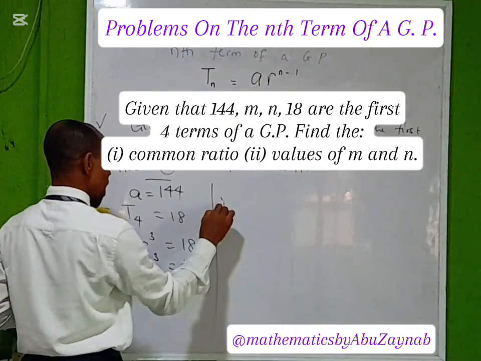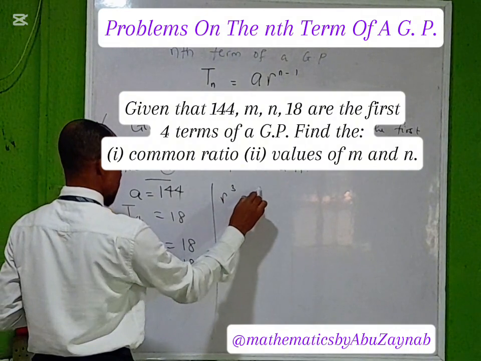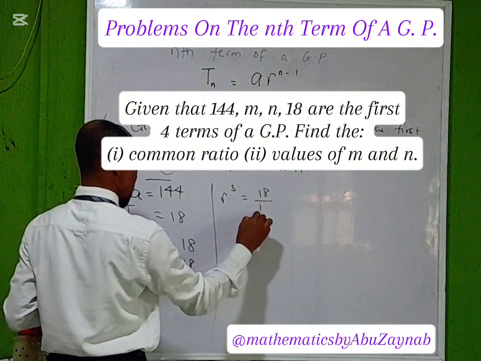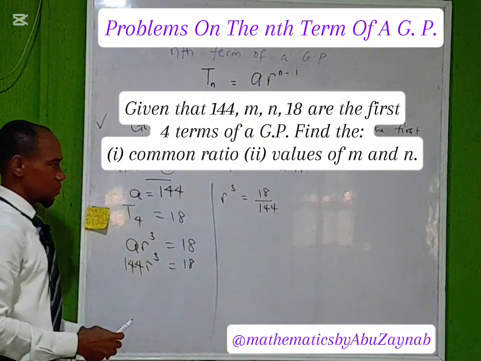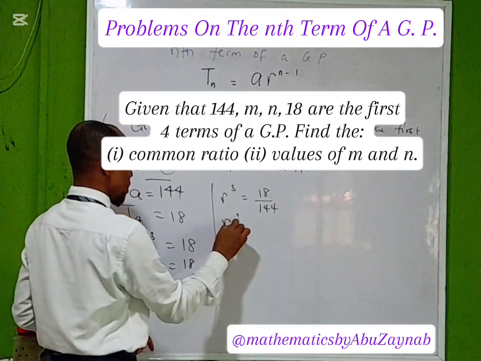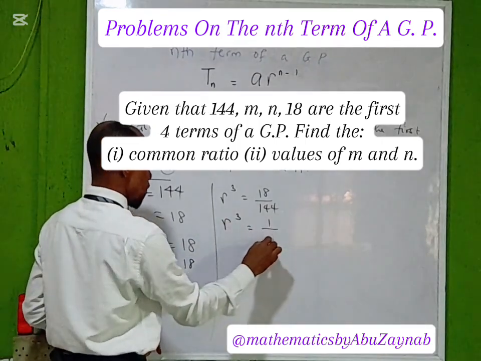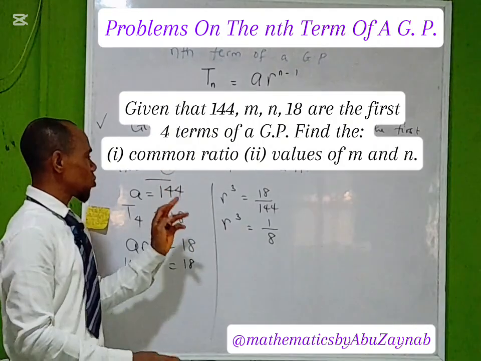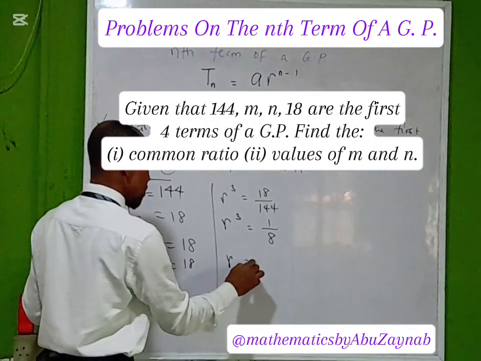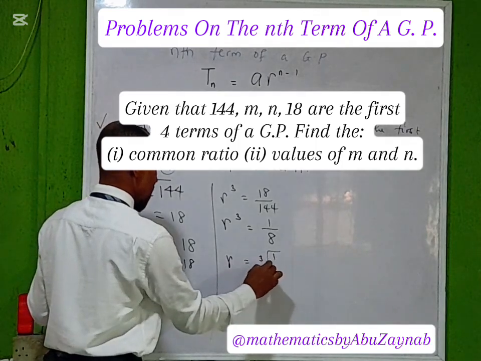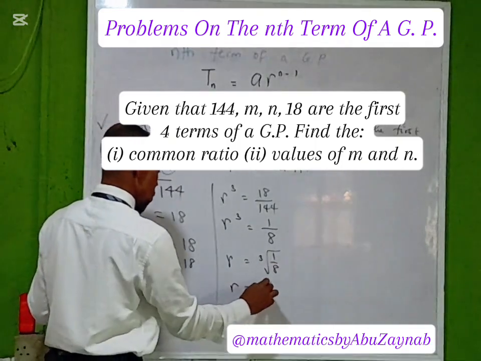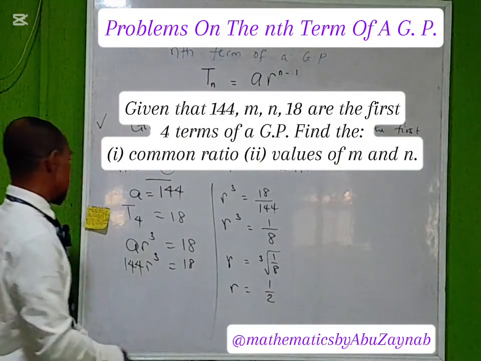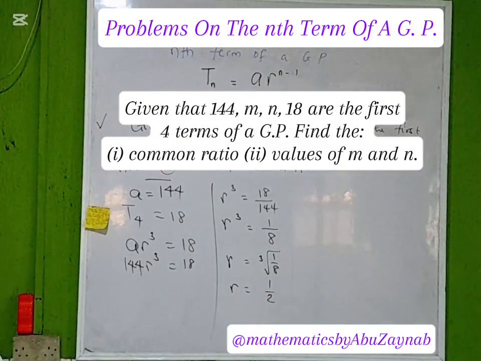Hence, R cubed is 18 divided by 144. So R cubed is actually going to be 1/8. That's R cubed, but we have to find the common ratio. The common ratio is found by taking the cube root of both sides, and that's going to become 1/2 for that particular part of the question.